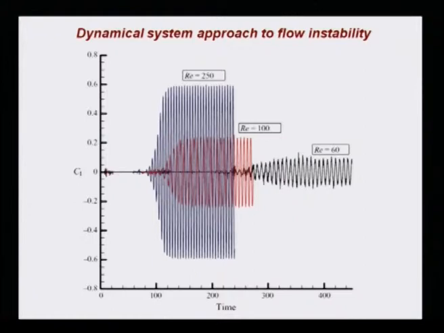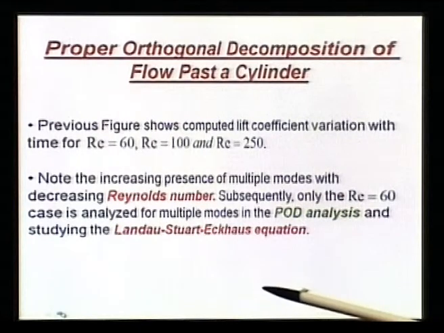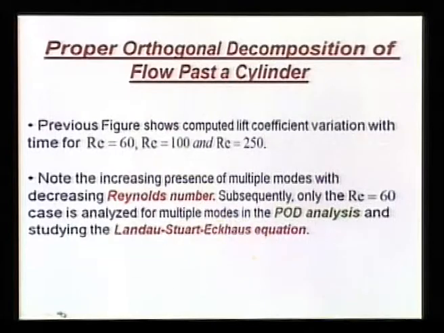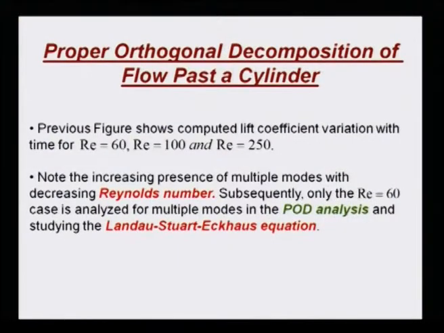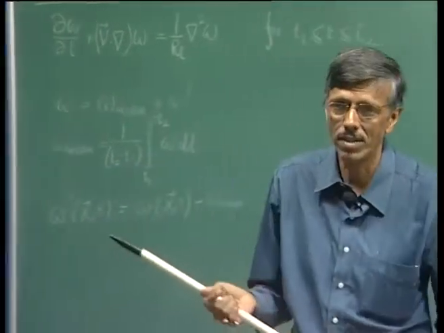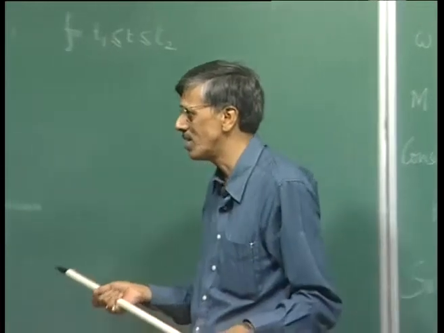So, we would like to make some comments which we have stated here: if we decrease Reynolds number, we see more and more number of modes present. If it was just a single mode, then you would have seen a very nicely developed homogeneous amplitude variation.